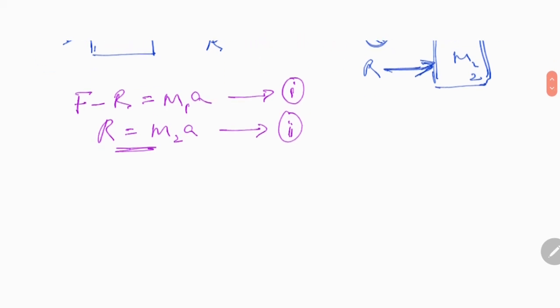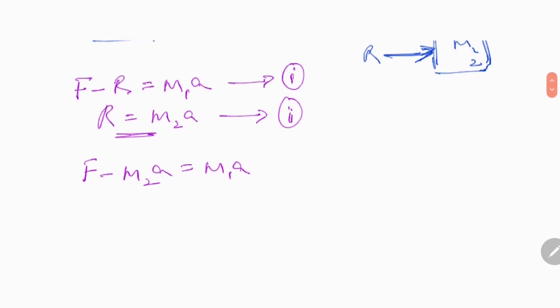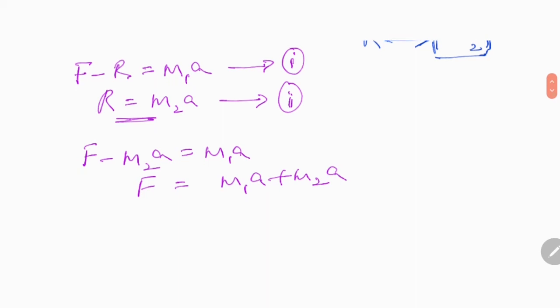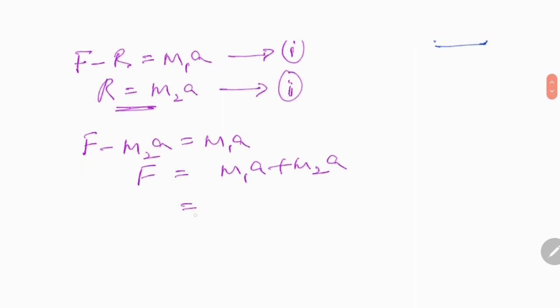So this equation will become F minus M2a will be equal to M1a, so force will be equal to M1a plus M2a. Fair enough? So if we take out acceleration common, we will get M1 plus M2.